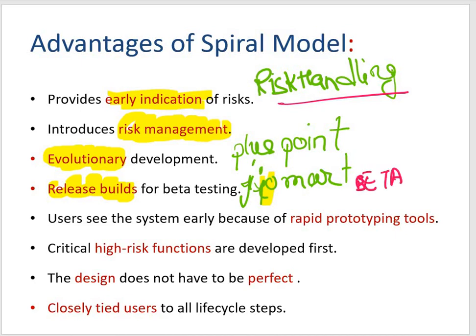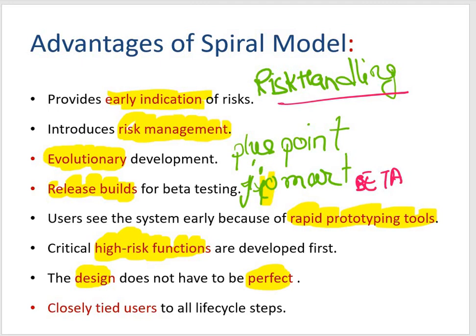Still, the website of JioMart says JioMart beta, so it's under the testing process. Now users see the system early because of your rapid prototyping tools. We go for the prototype model, so all those benefits of prototype model and iterative model will be included in this. And yes, we go for risk analysis, so high risk functions will be developed first.